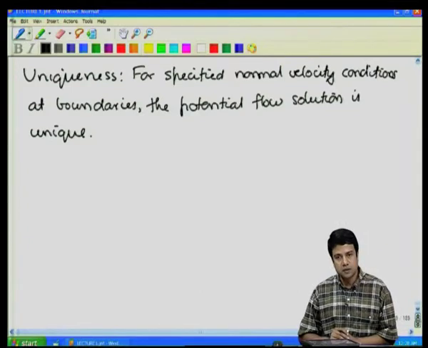In order to prove this, we will first postulate the opposite.